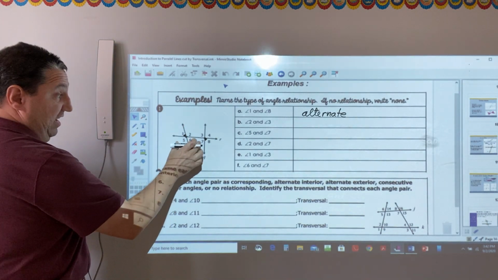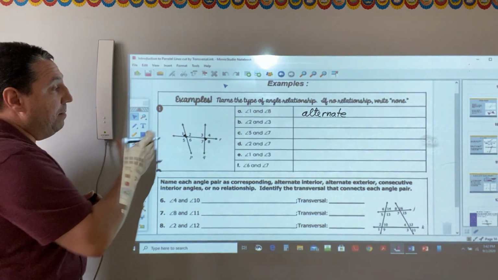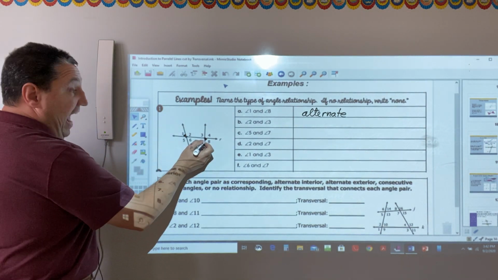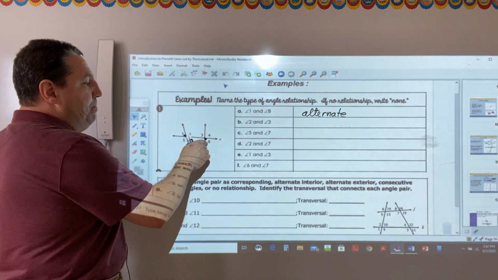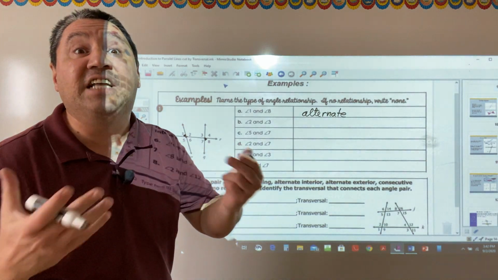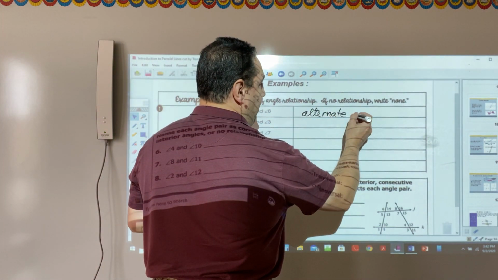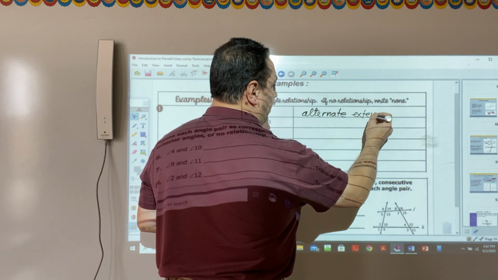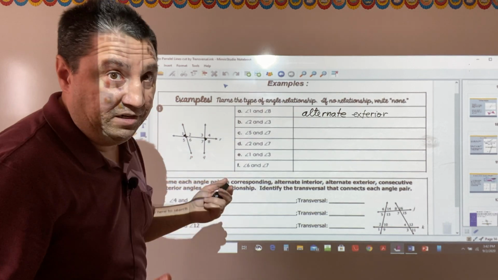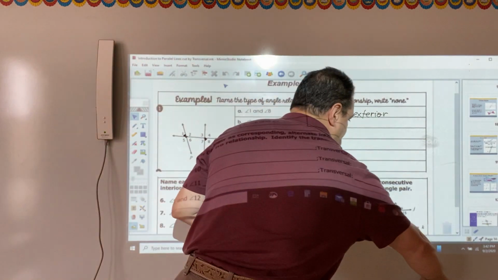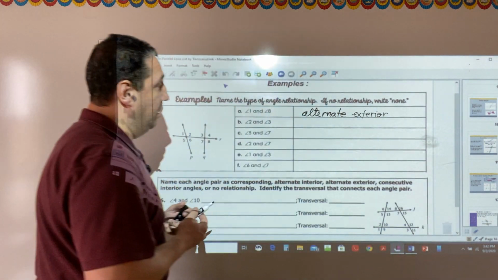The angle 1 is not between the given lines, but outside. And 8 also. So, we can say both 1 and 8 are exterior. So, we add the name, exterior. They are alternate exterior. Now, let's move on to the next problem.